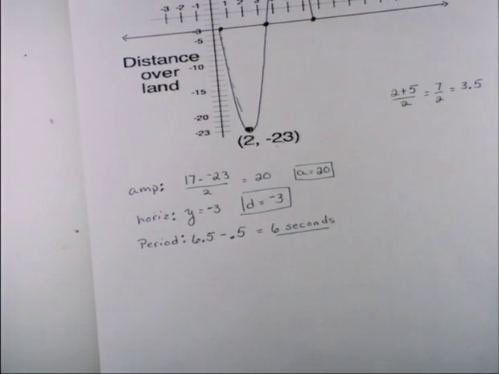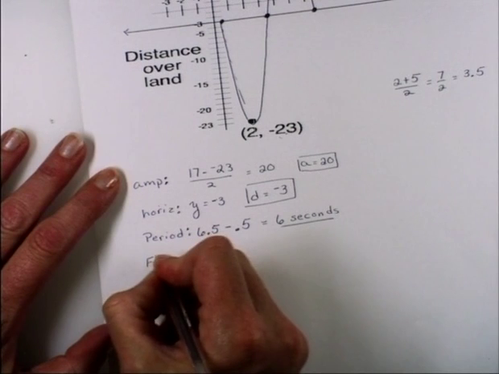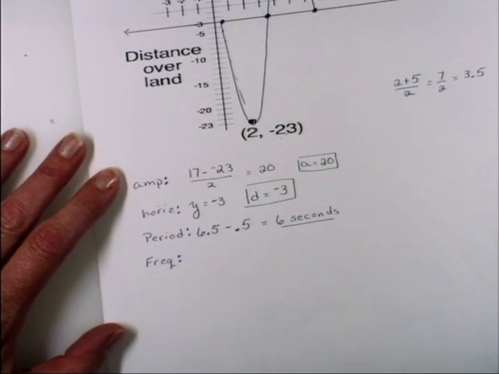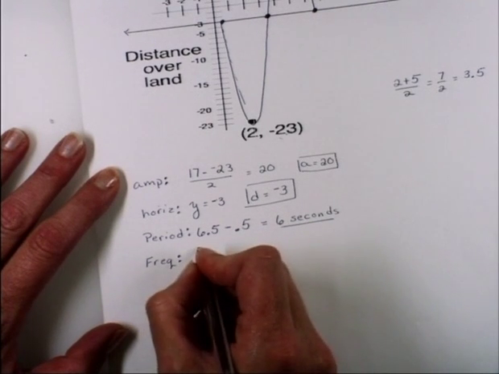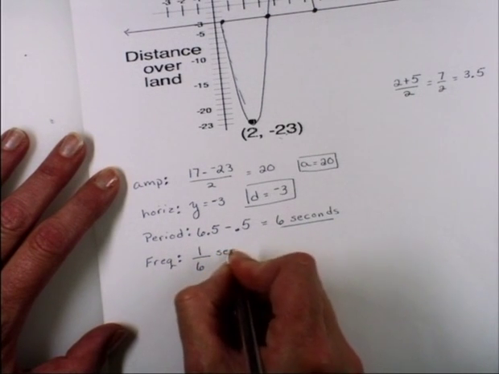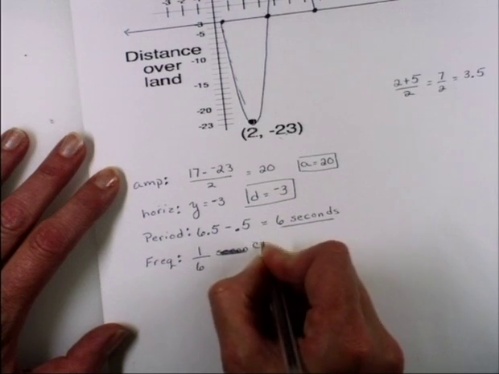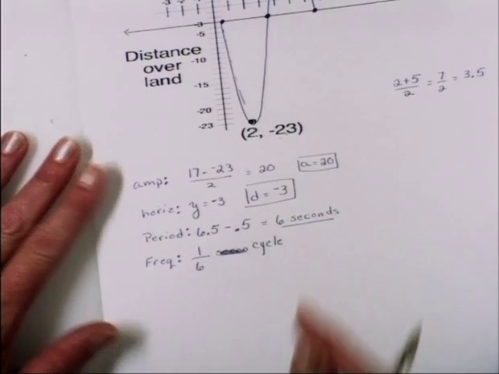All right, so my period is 6 seconds. Now frequency for these problems is often given in time, rather than radians. So my frequency can be defined as 1 over the period, or 1/6 of a second, or 1/6 of a cycle occurs every second.